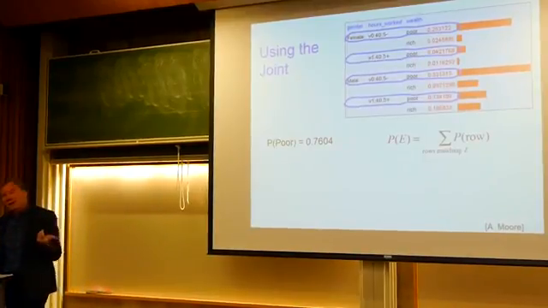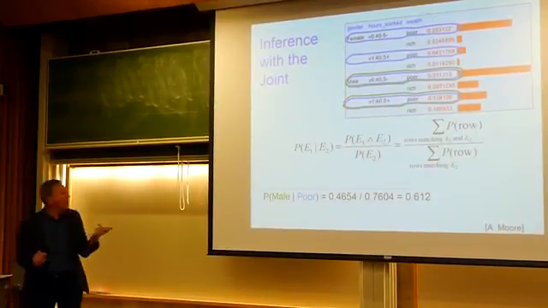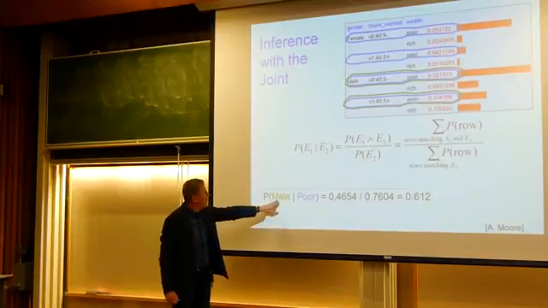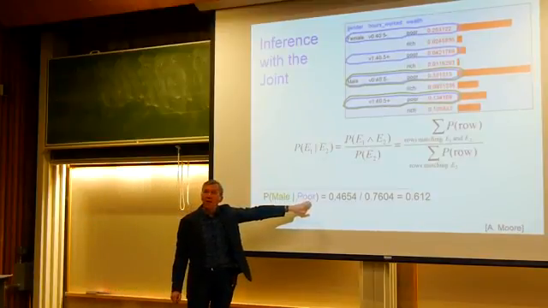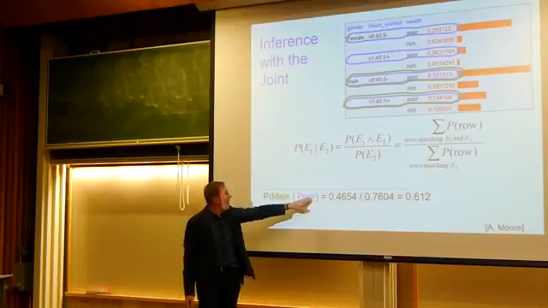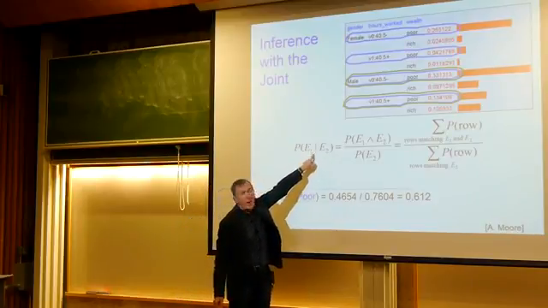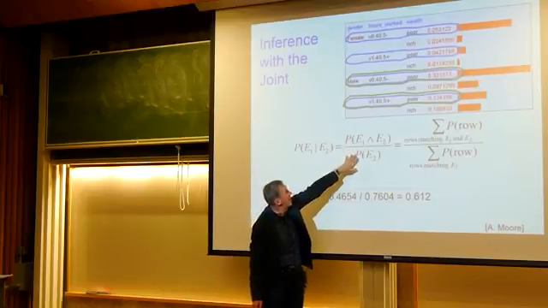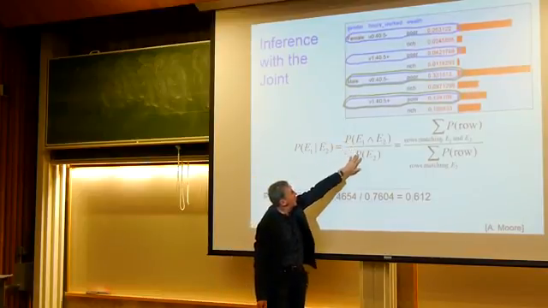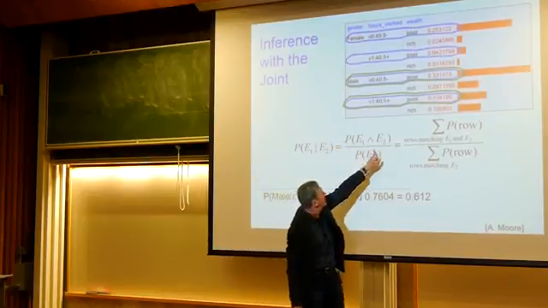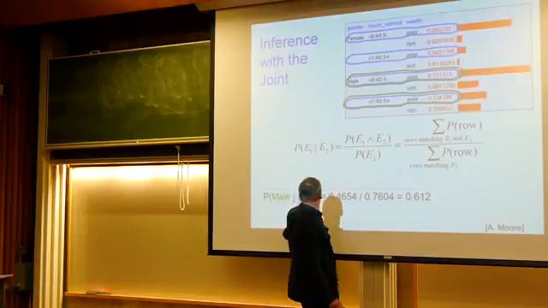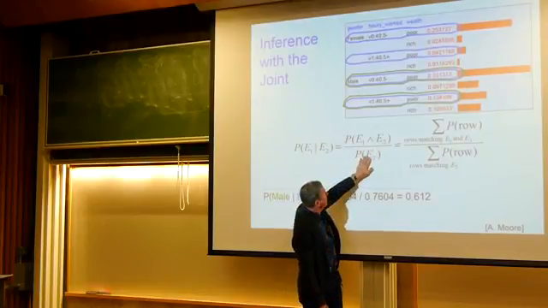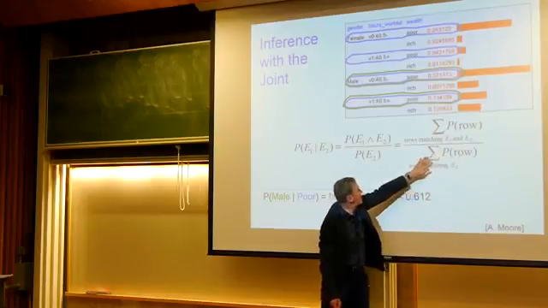What if I want to know a conditional probability? What if I want to know, for example, the probability that you will be male if you're poor? Well, to do that, all we have to do is go back to our definition of conditional probability, which is right here. If we want to know male given poor, we should first sum up all the rows that match poor.